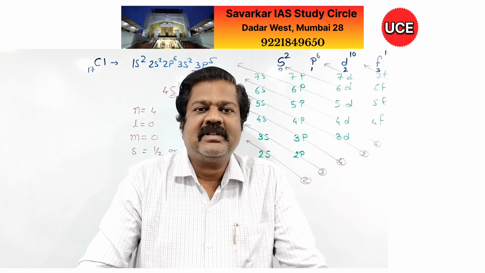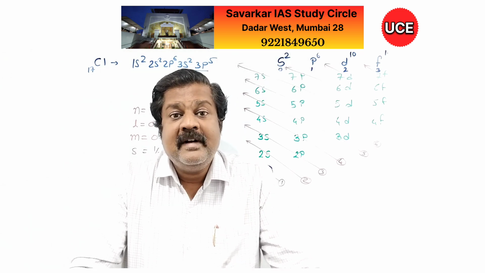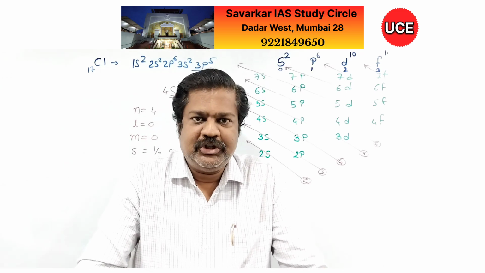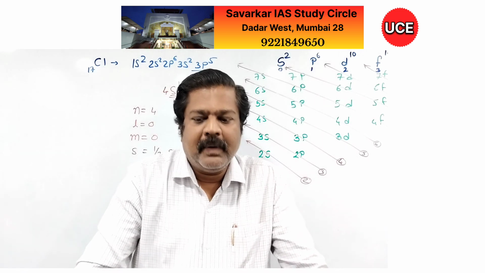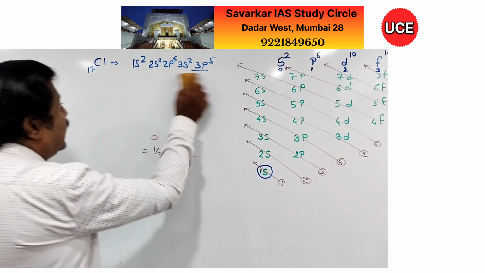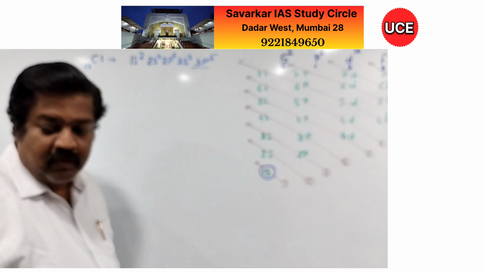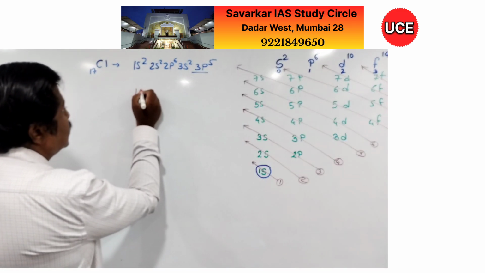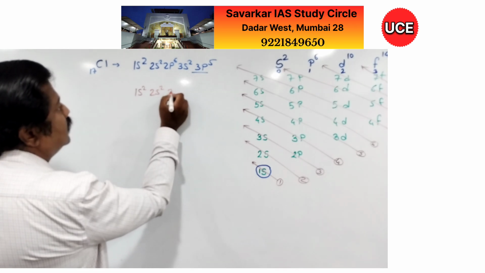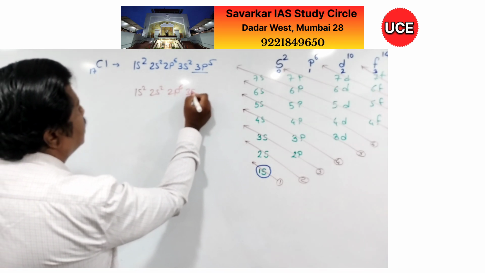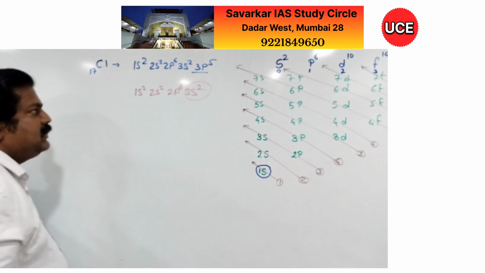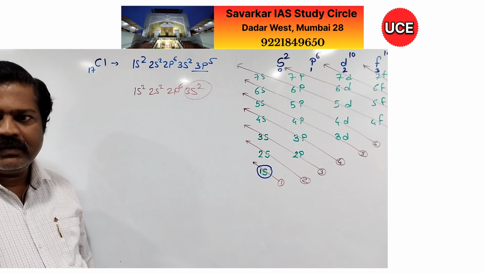Say for example, let us check an example. I will give you an example. Let us go for magnesium. Magnesium is atomic number 12. So atomic number 12 means electronic configuration 1s2, 2s2, 2p6, 3s2. Let us consider the 3s2 set.